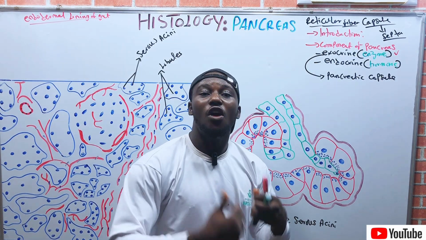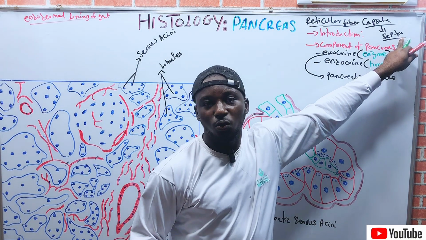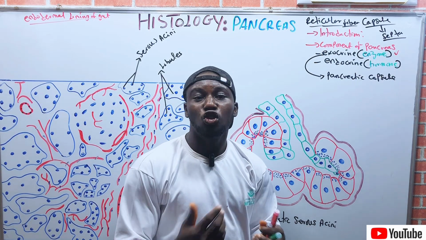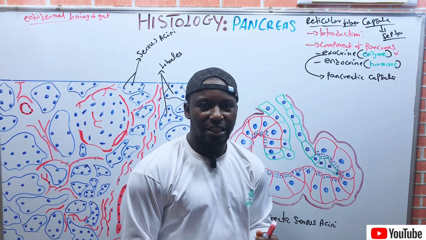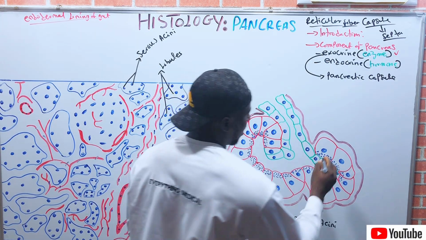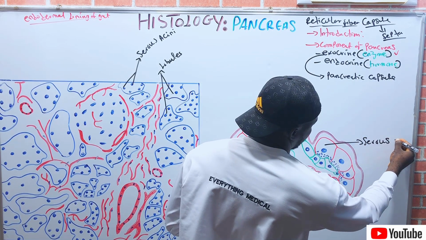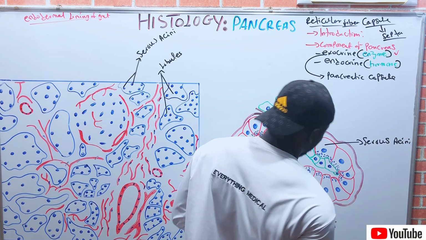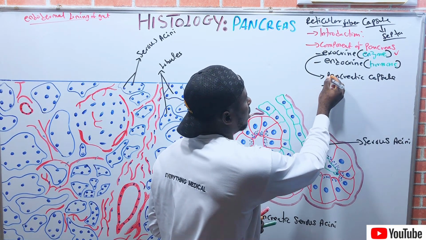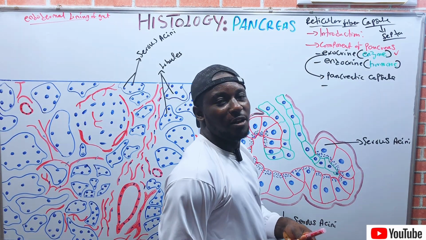Now, extending from the capsule are the septa, which extend into the pancreas to divide it into lobes. Those lobes contain the serous acini cells, right? So here is the serous acini cell.